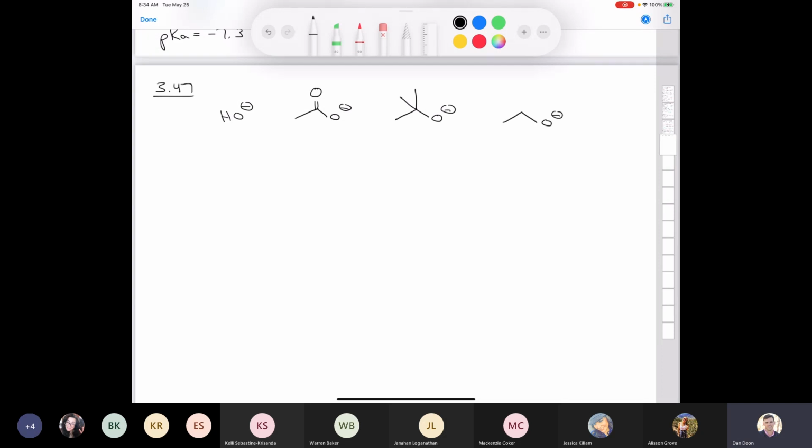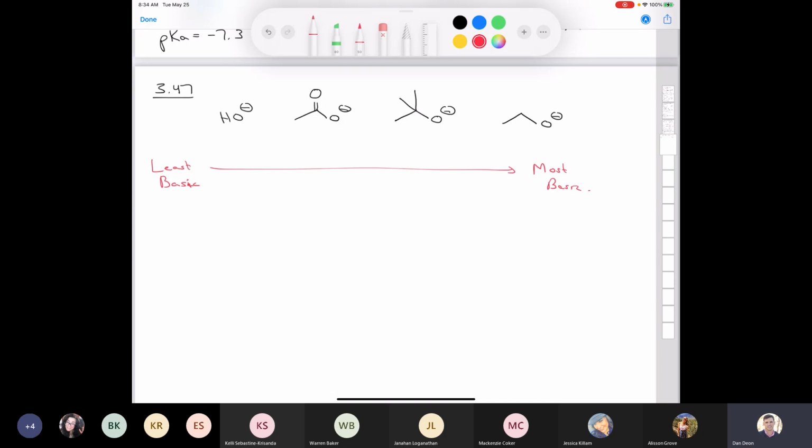Anyhow, even if you couldn't name them all, and you should be able to name these two for sure, the hydroxide and the acetate, these ones you could just call alkoxides if you want. But it says rank them in terms of increasing basicity. So we're going to go from least basic to most basic. All right.